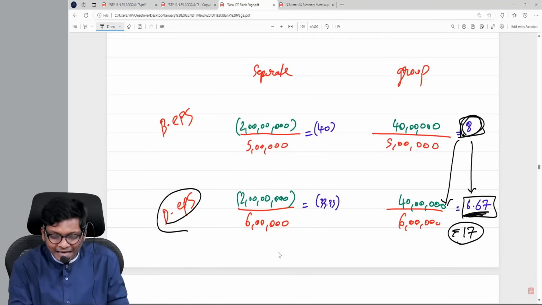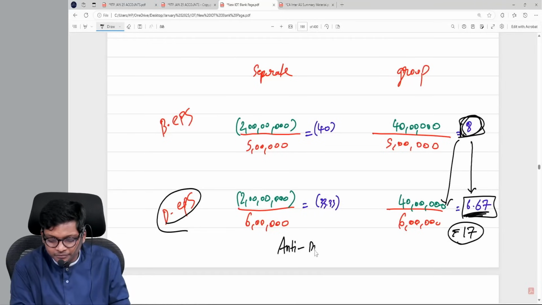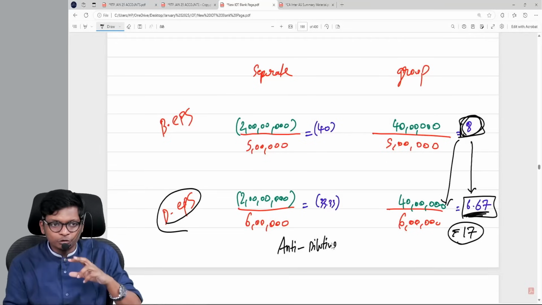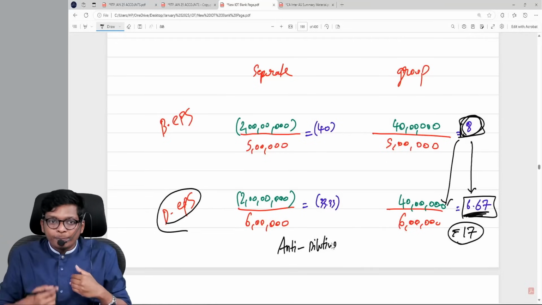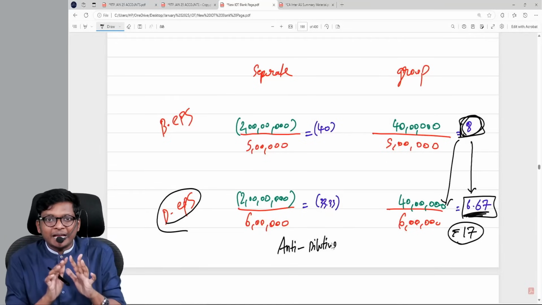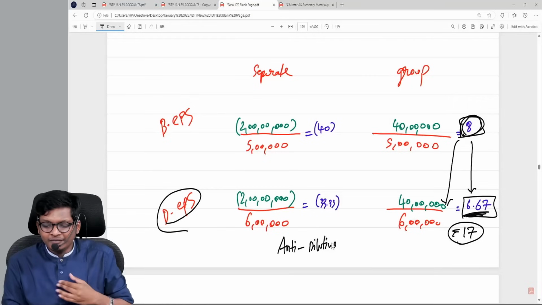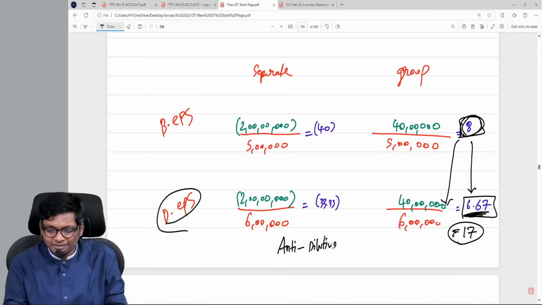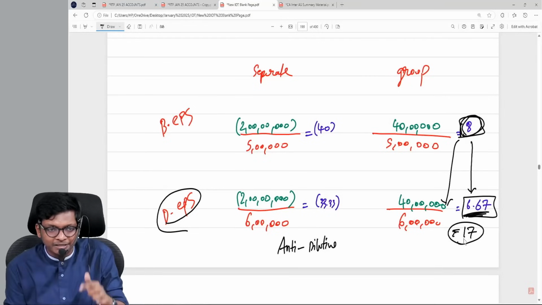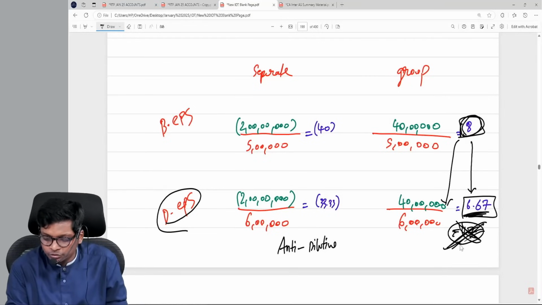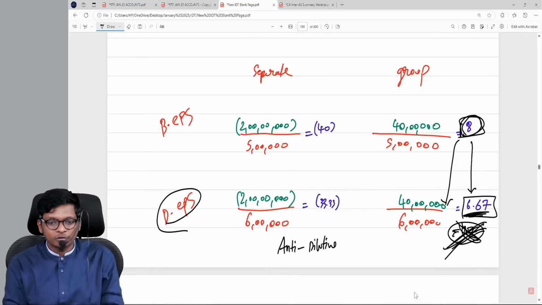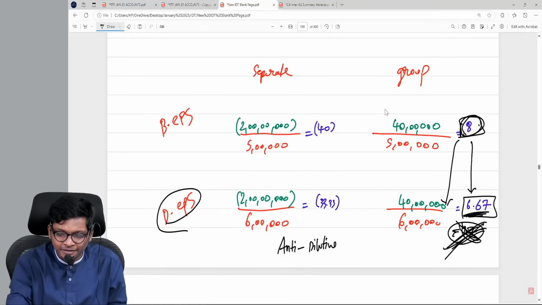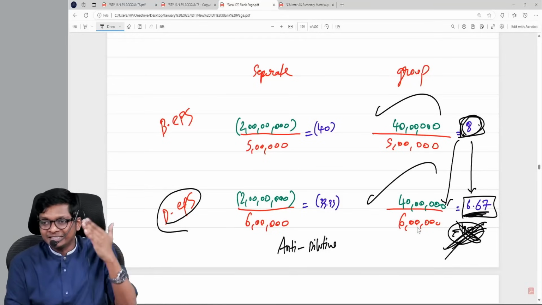It is anti-dilutive in nature. Prudence concept says don't tell the shareholders about an increase. So remember, if diluted EPS is going to be more than basic EPS, you should not disclose diluted EPS. Here 8 became 6.67. We can disclose because it reduced.